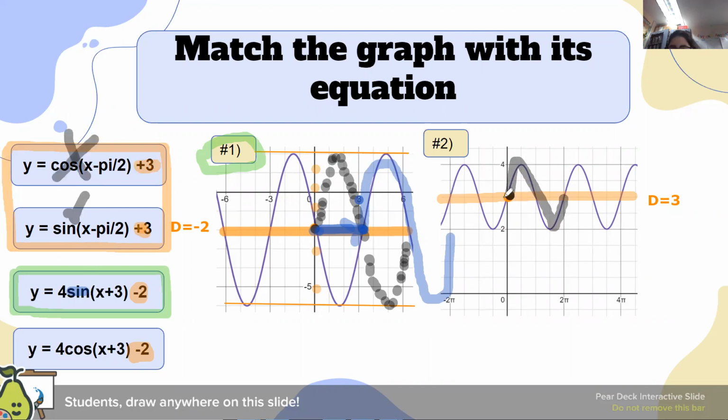Now I have to see, is this graph being shifted over to the left, pi over 2? Yes, it is. Or we could have thought that this was the cosine graph as well, because cosine usually starts up, then goes down and finishes up. And if I smooth that over, how many would that be?